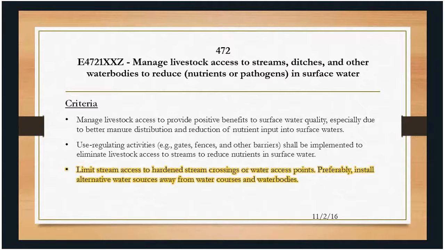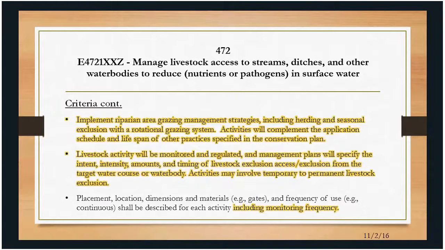However, they are allowing for limited stream access at hardened stream crossings or other water access points. Preferably, you'd install alternative water sources away from the water courses or water bodies, but it is allowable to have water access points. They want to implement riparian area grazing management strategies.